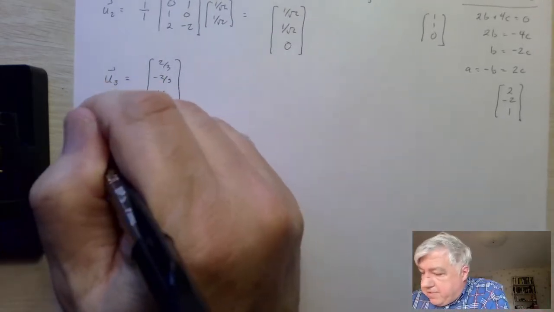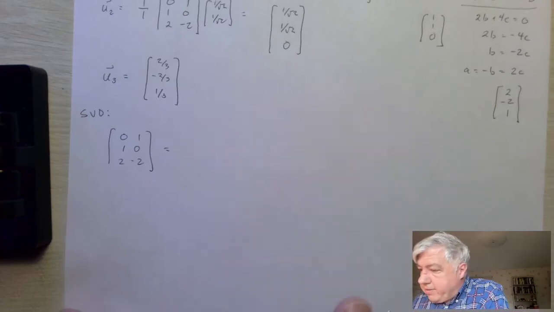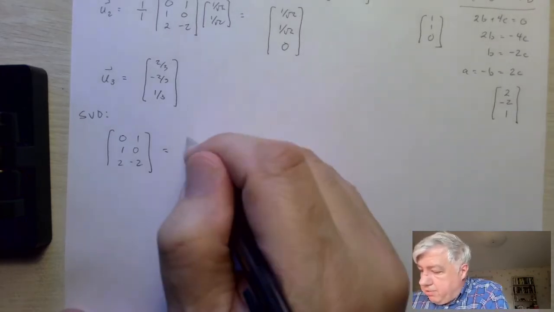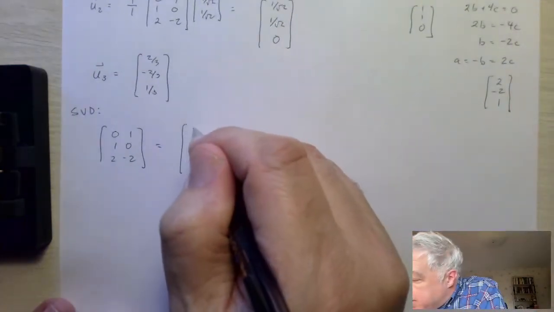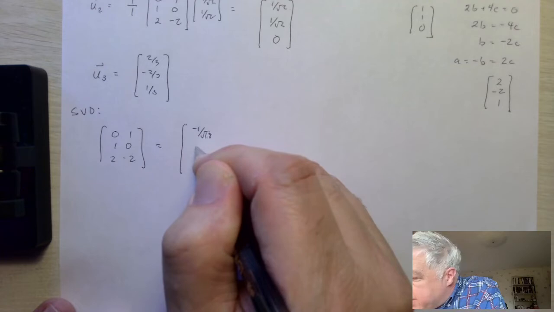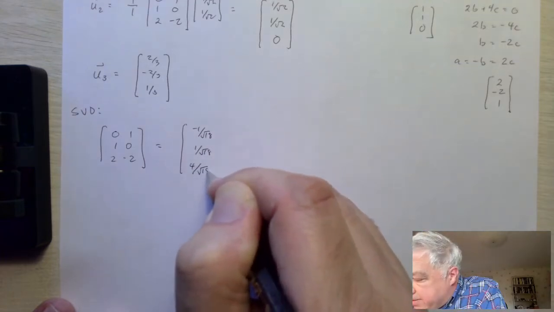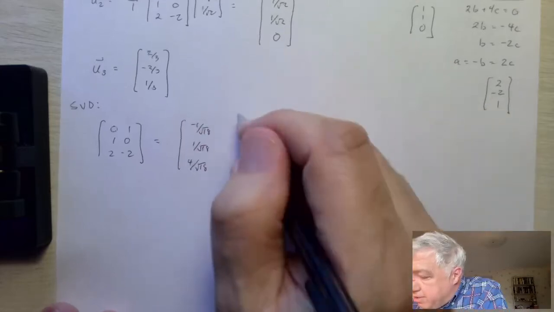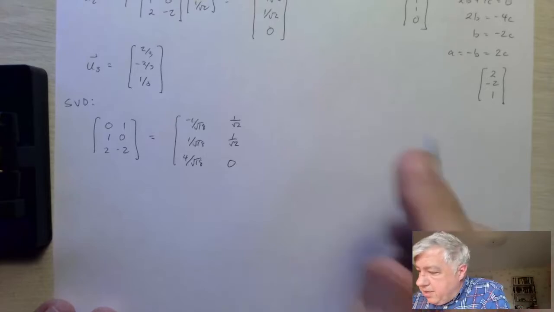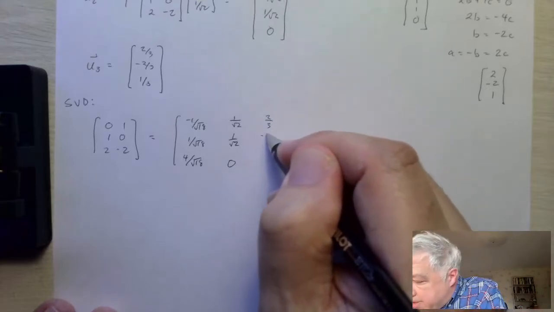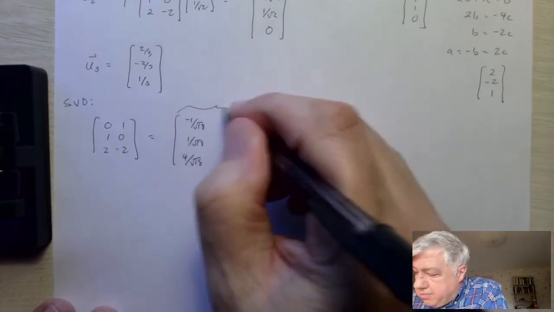The singular value decomposition will be u, which now consists of u1, u2, which is 1 over square root 2, 1 over square root 2, 0, and then u3 is 2/3, -2/3, and 1/3. So that's our u.